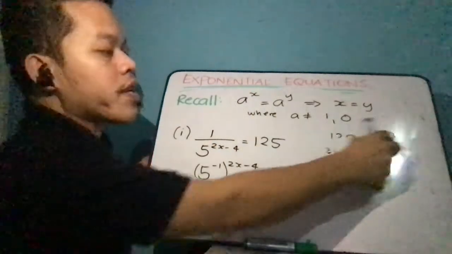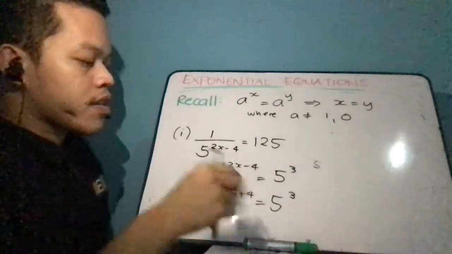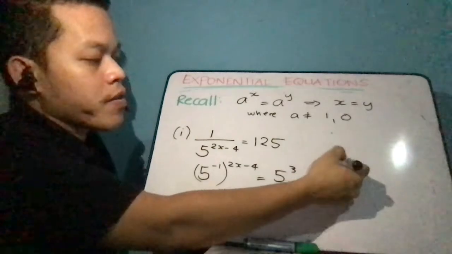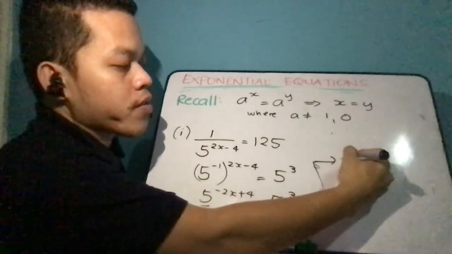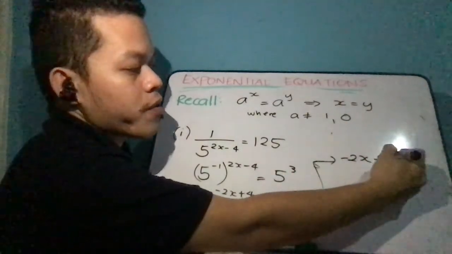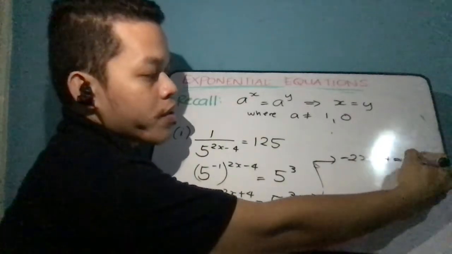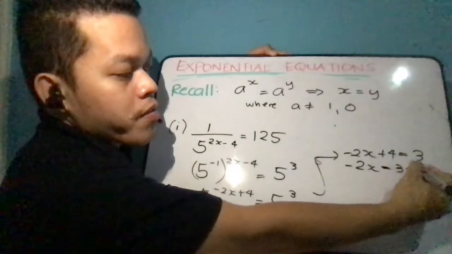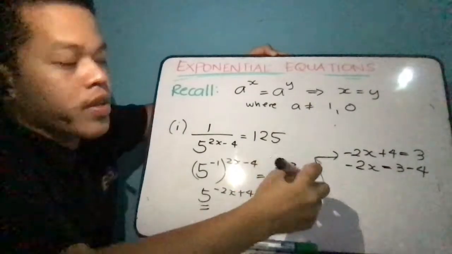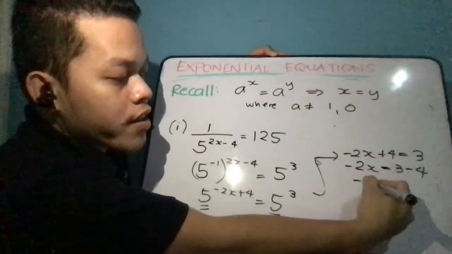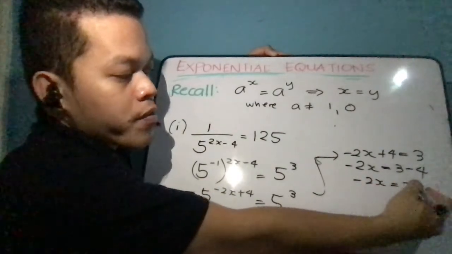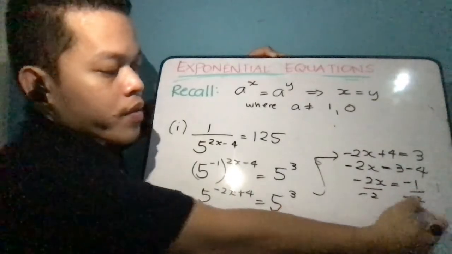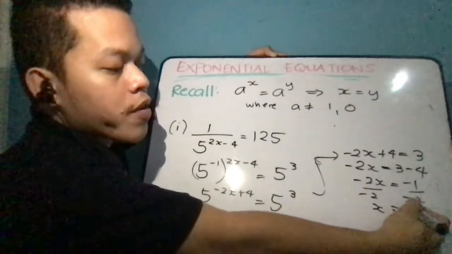Since we have transformed the bases of both sides to 5, this implies that we can equate their exponents. So negative 2x plus 4 is equal to 3, or negative 2x is equal to 3 minus 4 using the additive property of equality, and then negative 2x is equal to negative 1, and divide both sides by negative 2, therefore x is equal to 1/2.